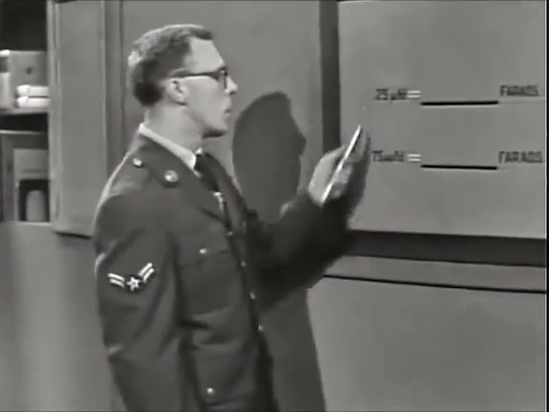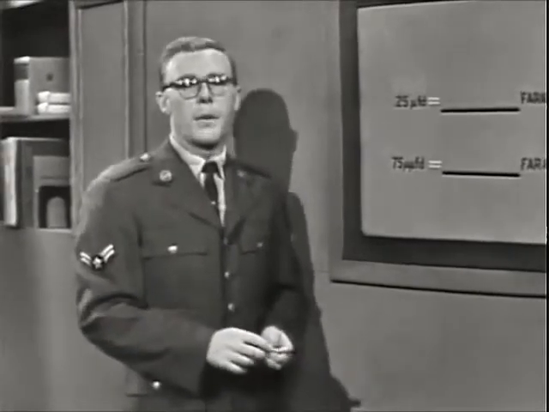Here are two values of capacitance. Let's convert these to farads. First, we must answer this question. How much is a microfarad? Well, you should know that micro means one millionth. And it also means that the decimal point must be moved to the left from its original placement.